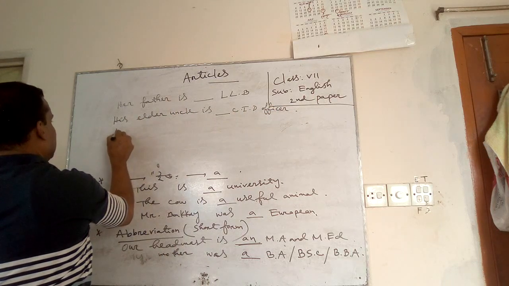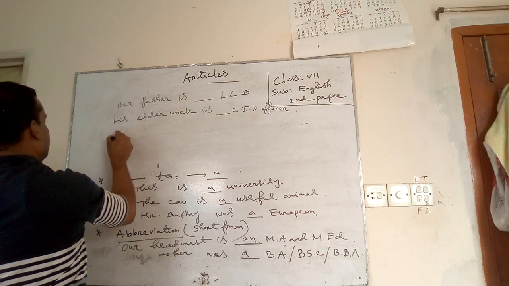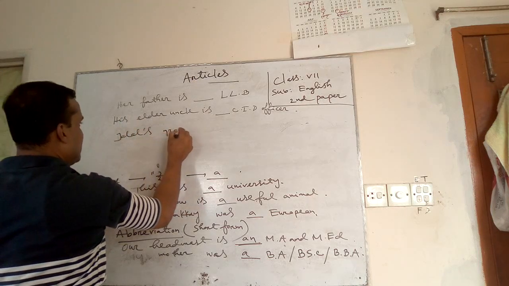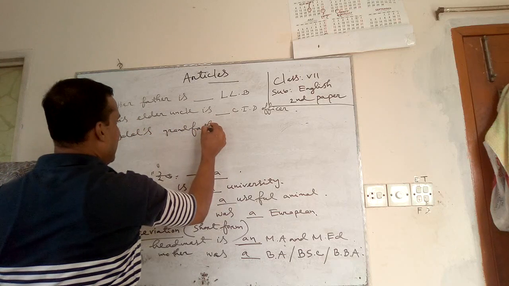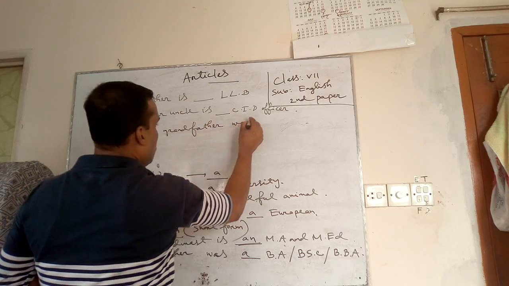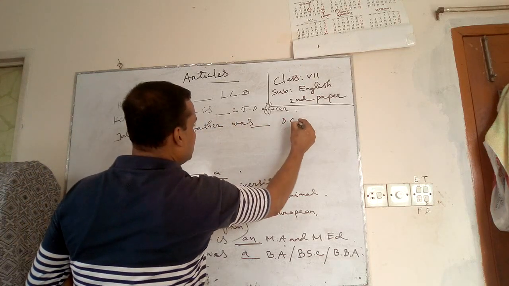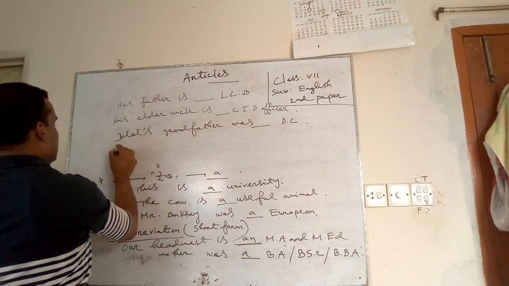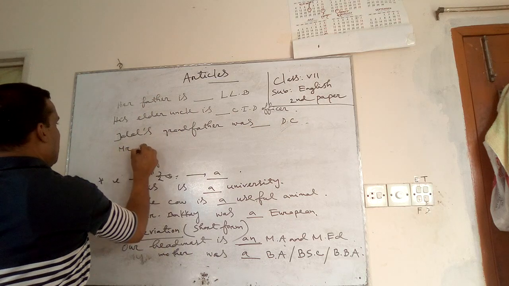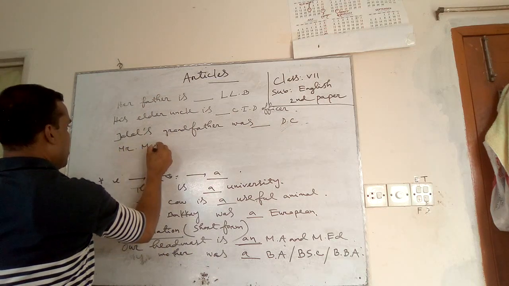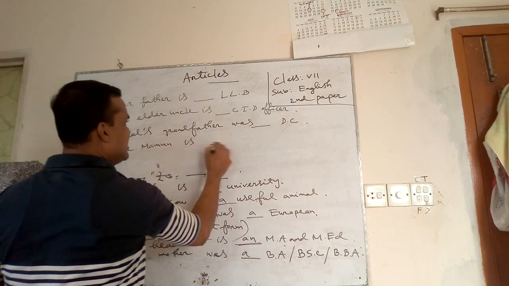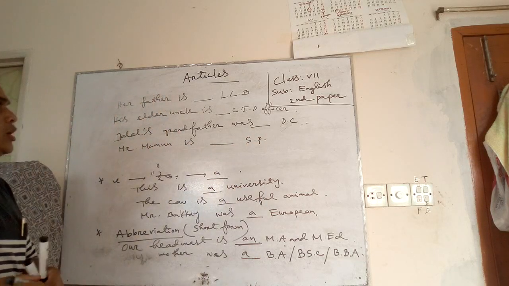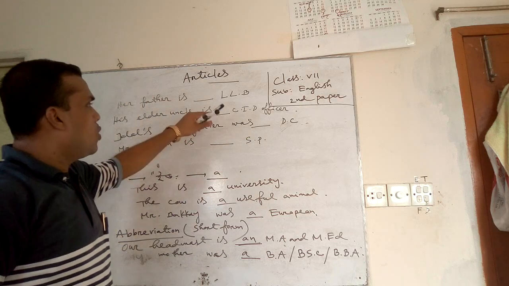Kamal's, Jalal's grandfather was DC. Mr. Mamun is SP. So look at the students, look at the board.